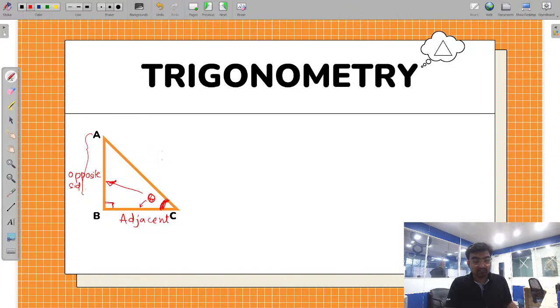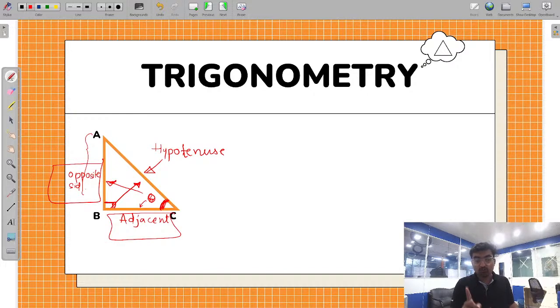And the third side, obviously this is the hypotenuse. You guessed it, right? Why is it the hypotenuse? Because it is opposite to the 90 degree angle. Always remember, in a right angle triangle, the side opposite to the 90 degree angle is always the hypotenuse. You just have to fix which is the opposite side and which is the adjacent side. Hypotenuse is the same for everything.